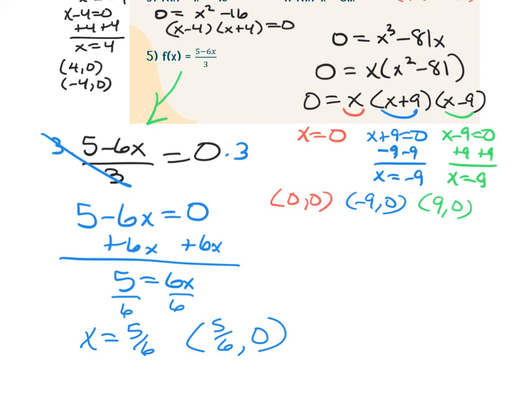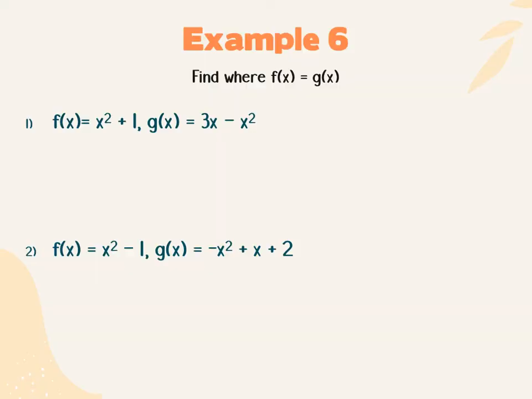2 more examples and we're done. The next one is asking us to find what value of x would make f of x equals g of x. So all I'm going to do is take the 2 functions, set them equal to each other, and solve for x. So I'm going to take this f of x and set it equal to the g of x.